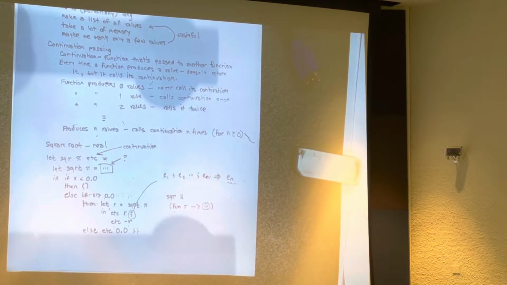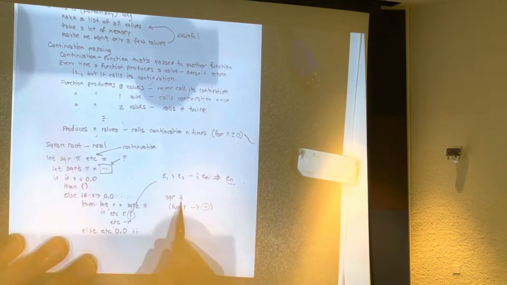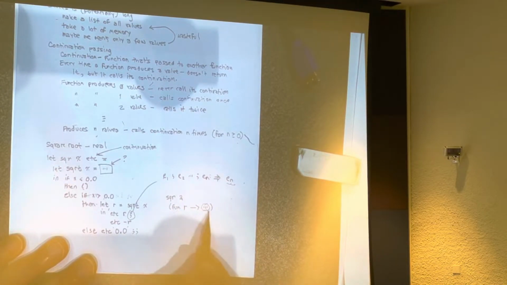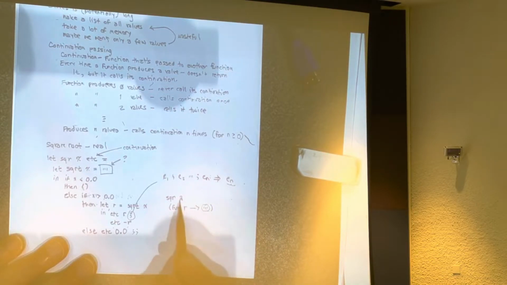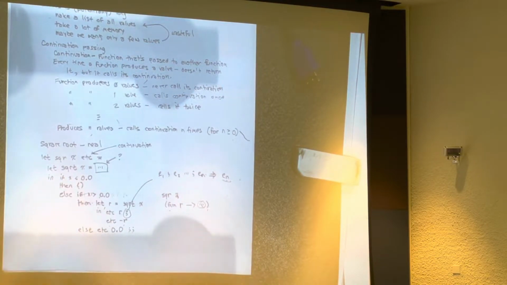I don't know what the 3 dots are, but the idea here then is that if A is 0, the continuation is called once with R equals 0. If A is greater than 0, the continuation is called twice with minus square root of A and square root of A. And if A is less than 0, the continuation isn't called at all, and the computation simply stops at that point.